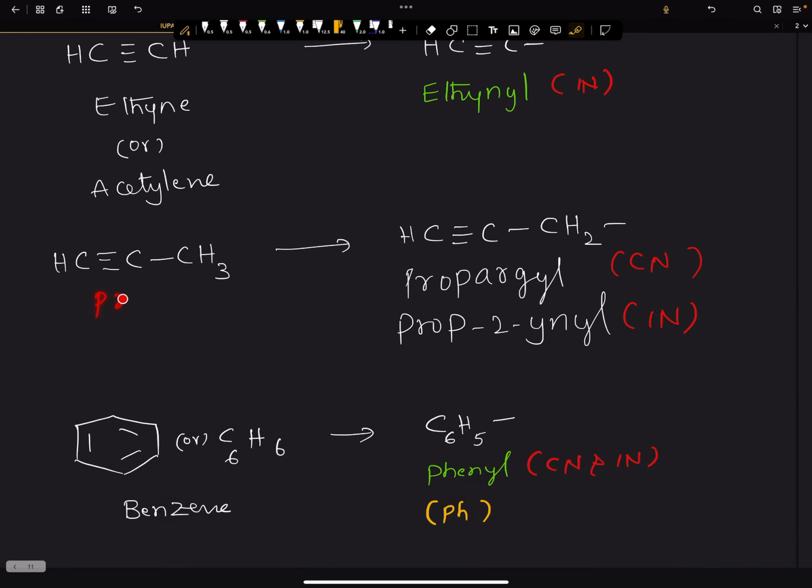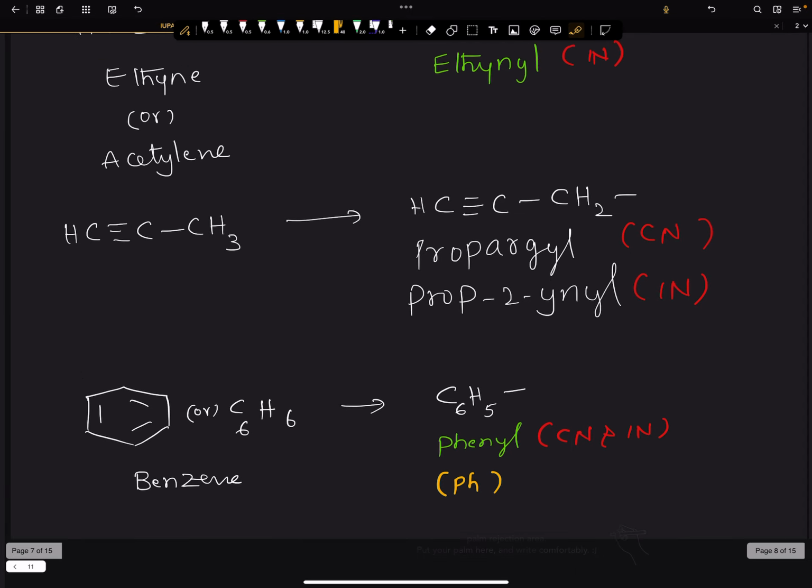Now this is called propyne, CH triple bond C CH3. If this hydrogen is removed, it gives CH triple bond C CH2. The common name is propargyl and the IUPAC name is prop-2-ynyl, or propynyl. Numbering 1, 2 and 3, the triple bond is after the second carbon.